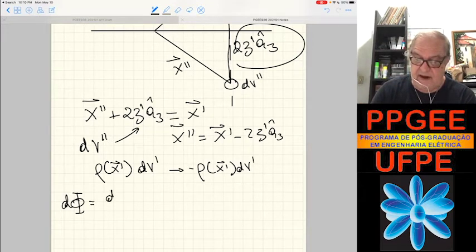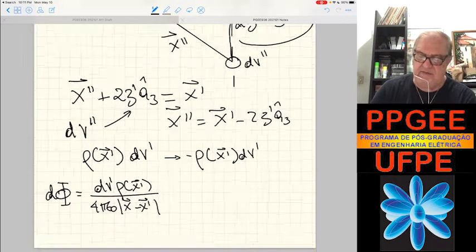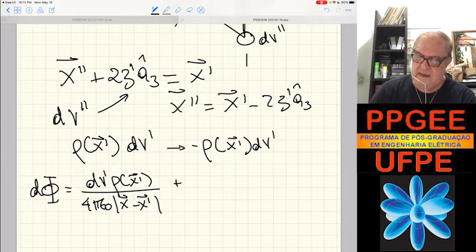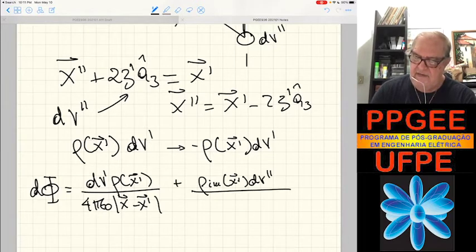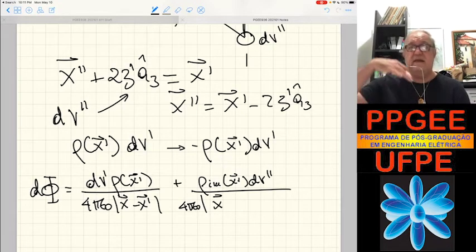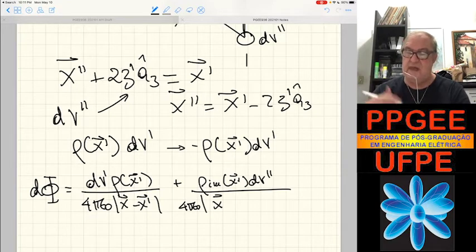It would be dv prime rho of x prime over 4 pi epsilon 0 times the magnitude of x minus x prime, and the image would give plus rho image x prime dv2 prime divided by 4 pi epsilon 0 times the distance, right? Or epsilon, if you have a homogeneous medium. Let's put epsilon 0, just replace by epsilon if required.